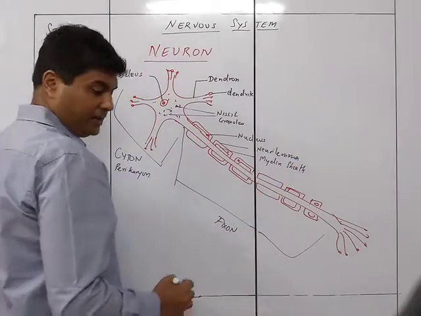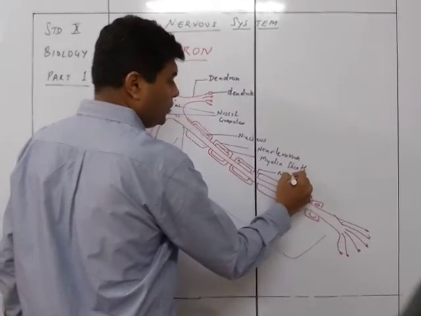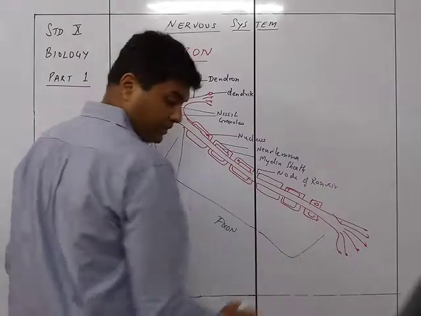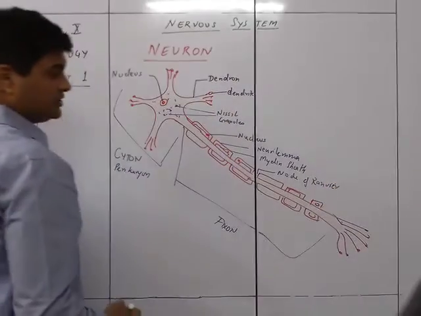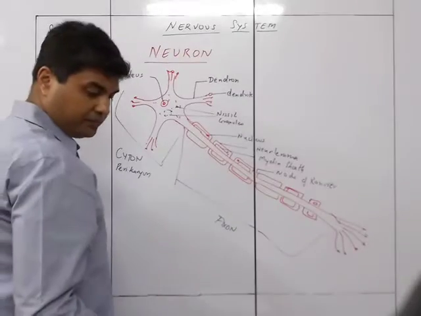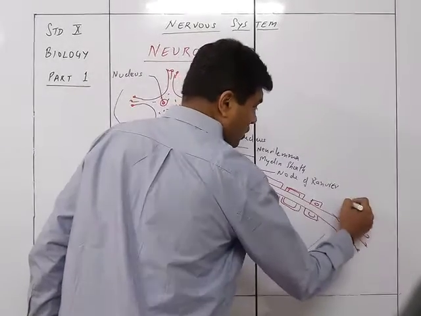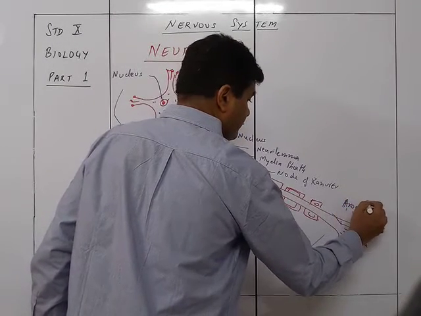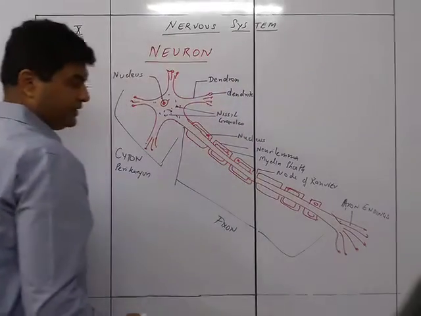And finally there are these gaps in between, which are called the node of Ranvier. And finally these are the axon endings.